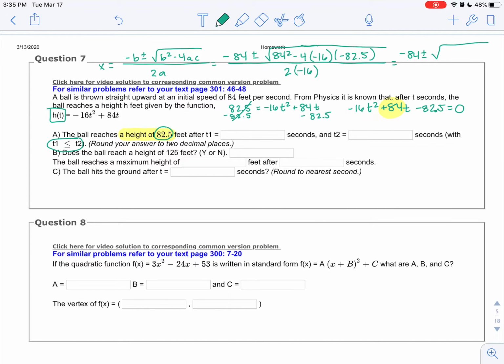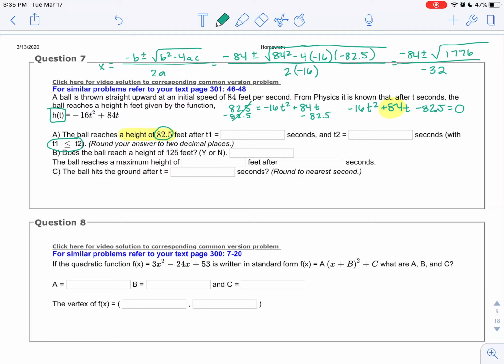I've got a negative times a negative times a negative, so I'm going to have a negative 4 times 16 times 82.5. So on the inside of this, I get 1,776, all over 2 times negative 16, which is negative 32.